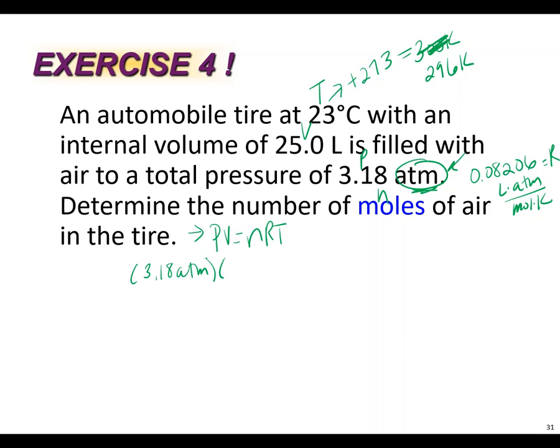So write out the formula first. This is the amount of work I'd like to see. 25.0 liters. Now we're missing the moles, so we leave that as the variable. 0.08206 liters times atm over moles times Kelvin, and then add in my Kelvin over here.